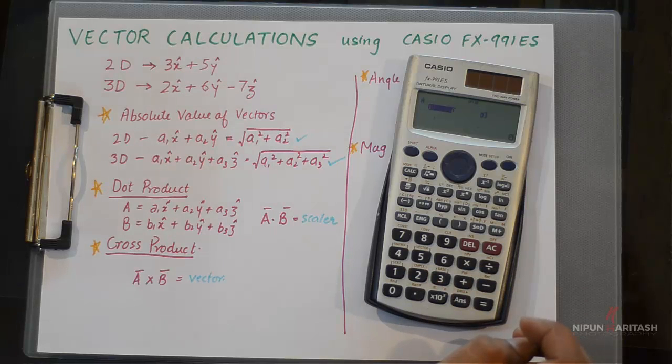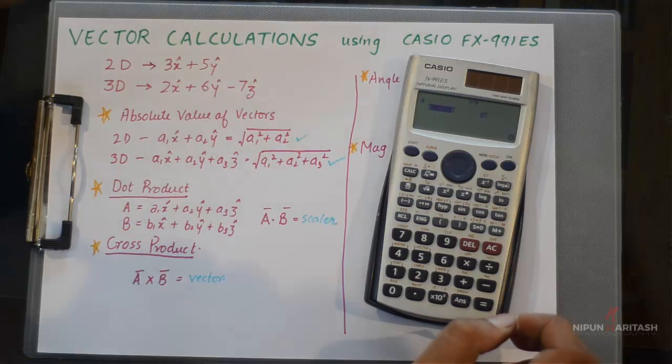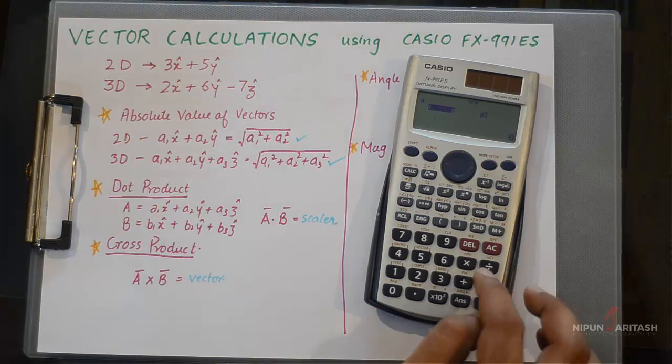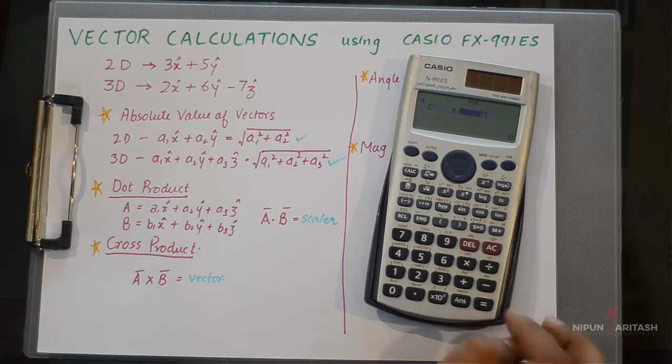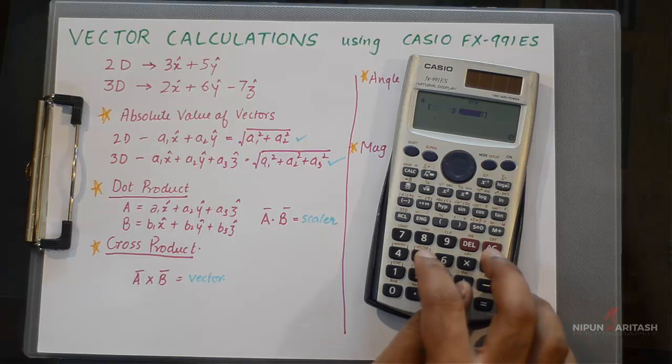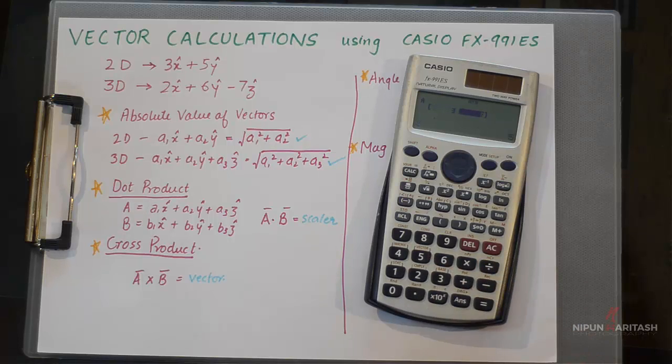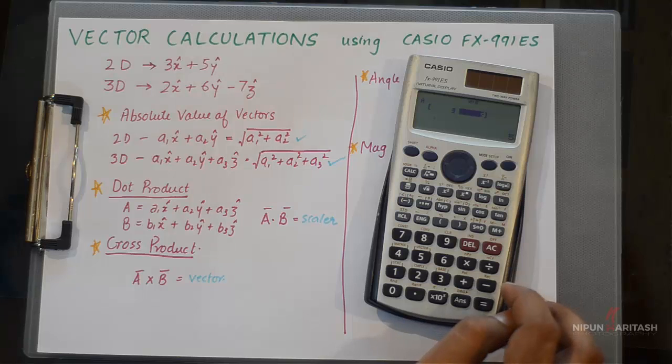Now it is asking me to enter the coefficients of the vector in the x direction and y direction. So I'll put in the coefficients as 3 and 5. Alright, now vector A has been set in the calculator.